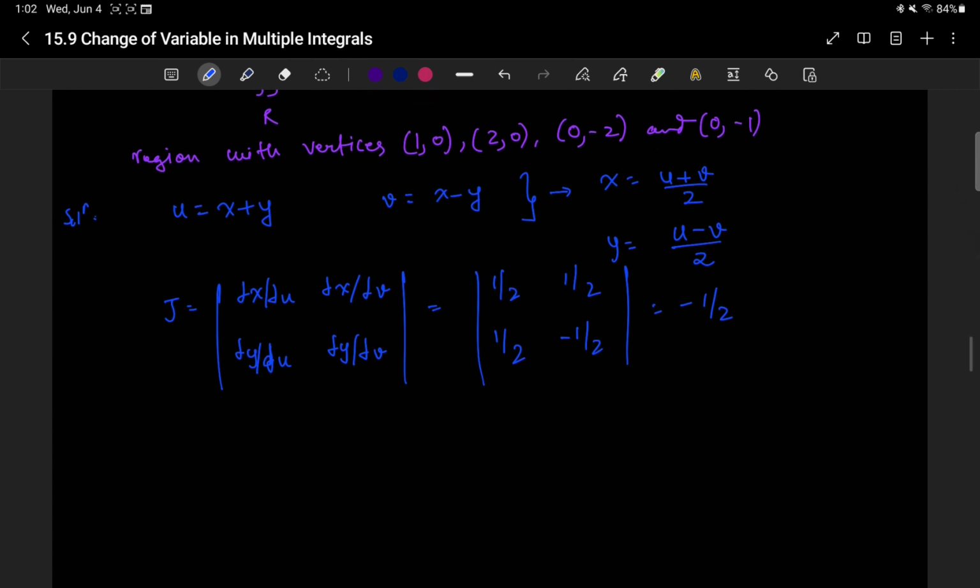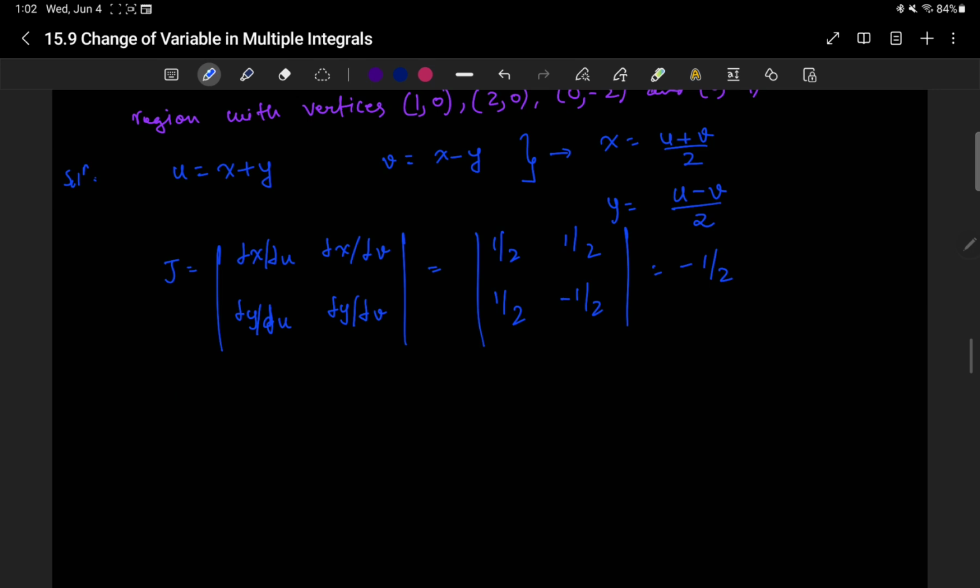Now we need to see what we are mapping here, right? So let me do this in green.